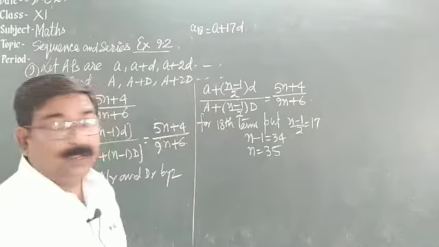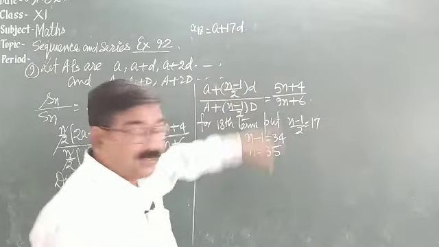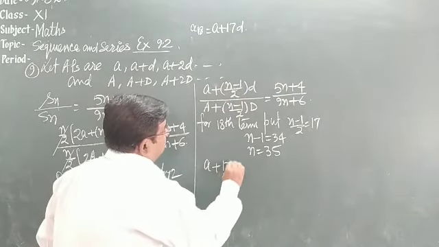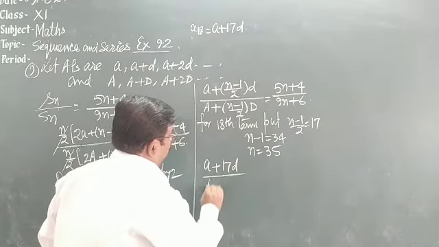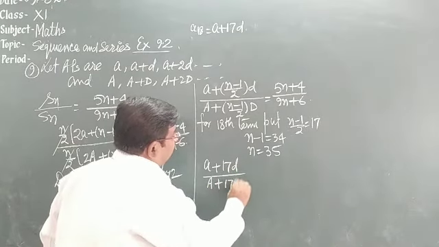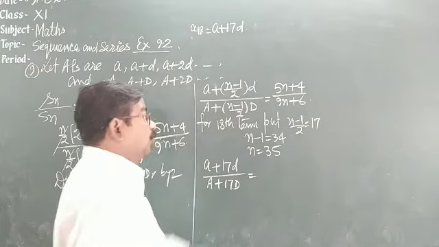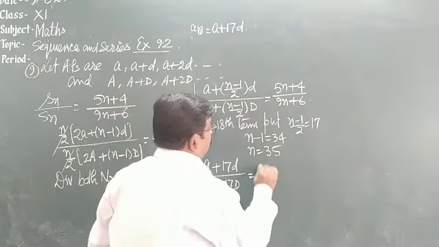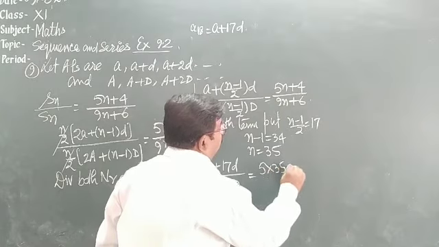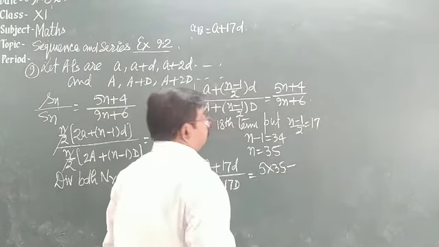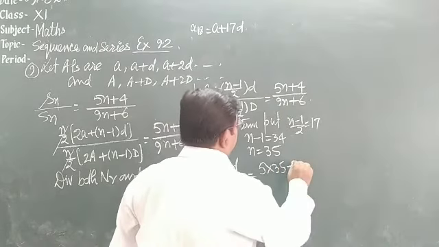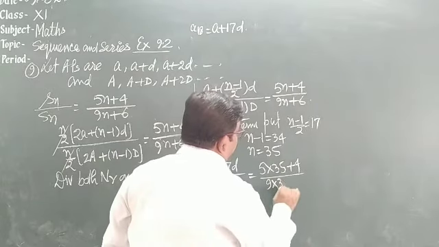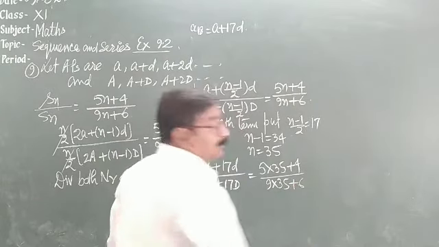If we put the value of n in this expression, so what do we have? See, a plus 17d upon capital A plus 17 capital D is equal to, write the value of n this side also, we have 5 into 35 plus 4 upon 9 into 35 plus 6.